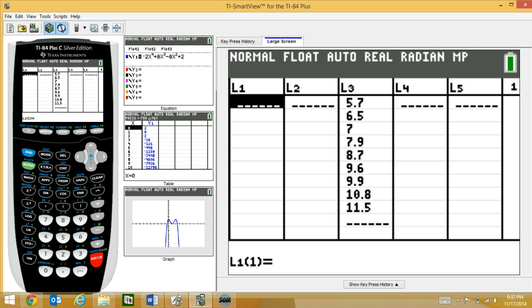So what we're going to do now is just enter this data, and I'm going to enter it with the keypad so it goes a little bit quicker. There we go, so we're all set. So I'm going to enter the x-coordinates in list 1 and the y-coordinates in list 2.